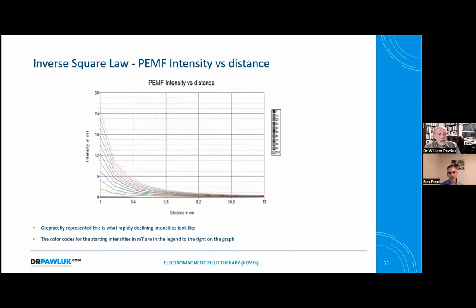So that's based on the inverse square law. So you have Faraday's law that's causing charge production, but you need the intensity of the magnetic field to do that. And since the magnetic field drops off very rapidly, you have to then adjust your dosing based on the tissue, how deep away the tissue is from the source of the magnetic field.